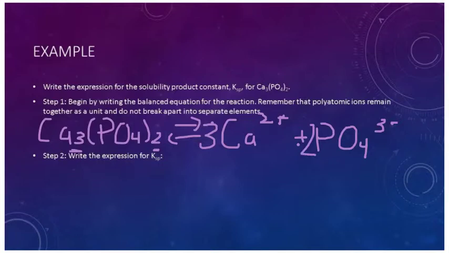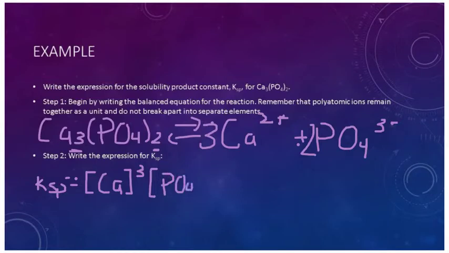Then we're going to write our KSP expression. So remember, KSP is the concentration of the products raised to the exponents times each other.